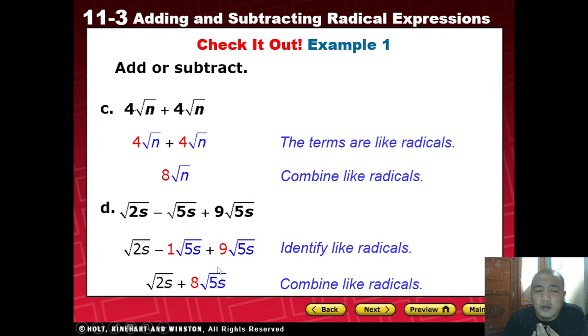And the square root of 2s stays. So the answer is square root of 2s plus 8 square root of 5s. We cannot add this anymore because they are unlike radicals. So identify like radicals, only these two are like radicals. So you add their coefficients. Negative 1 plus 9 is 8.